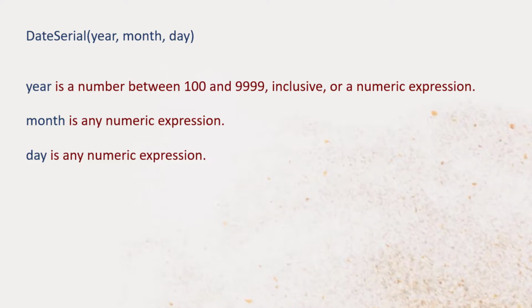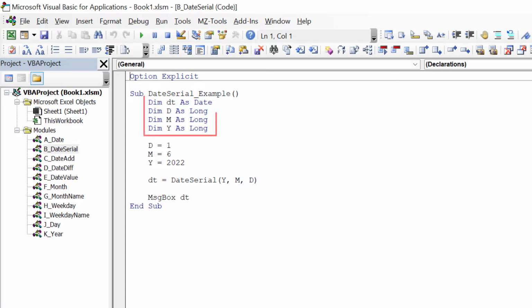Let's go back to the code and understand what the code is doing. I've got a variable dt for date and I have declared 3 variables d, m and y to store numbers. In d I've stored 1, in m I've stored 6 and in y I've stored 2022. To create a date out of these 3 variables, dt is equal to DateSerial, start parenthesis.